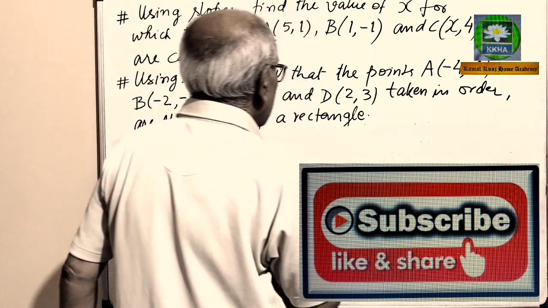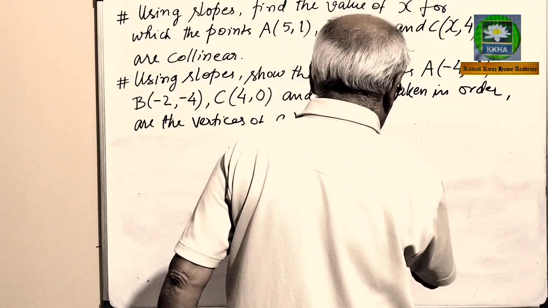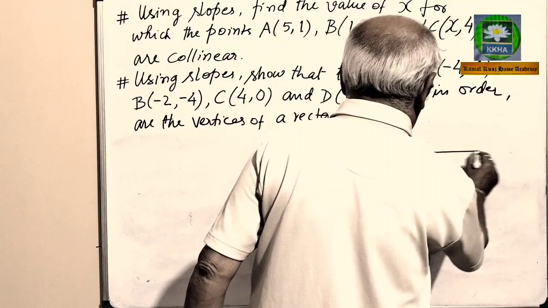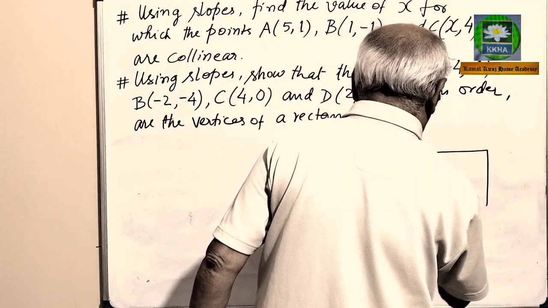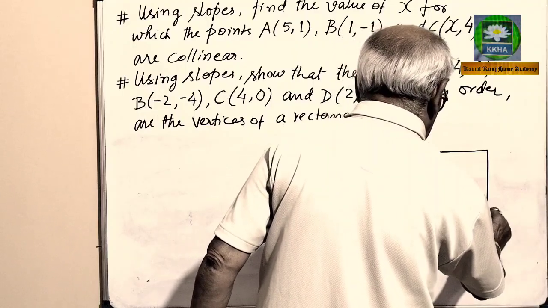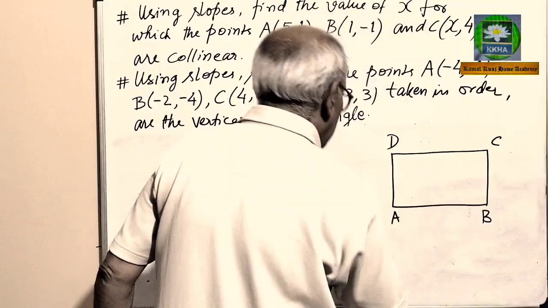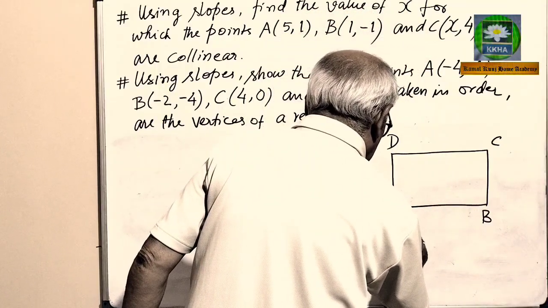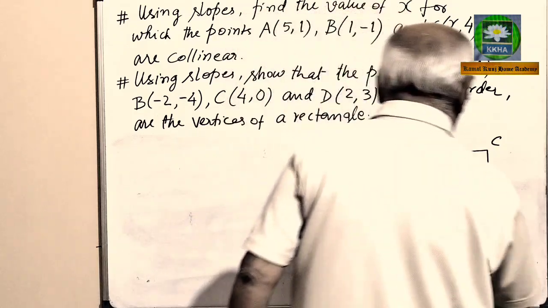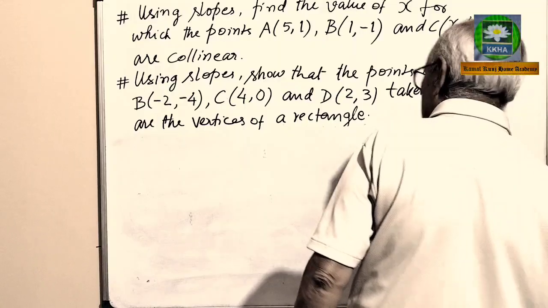Here the coordinates of A are -4, -1. Coordinates of B are -2, -4.